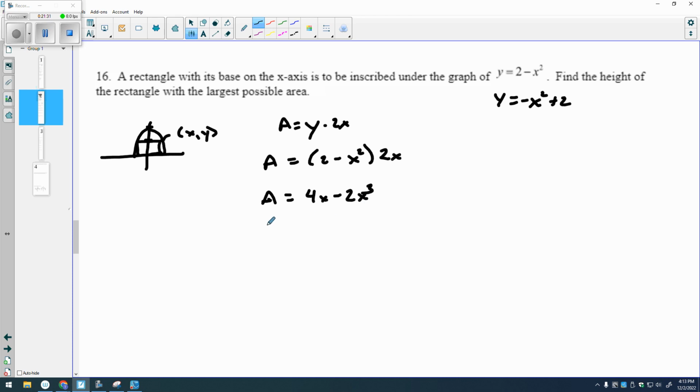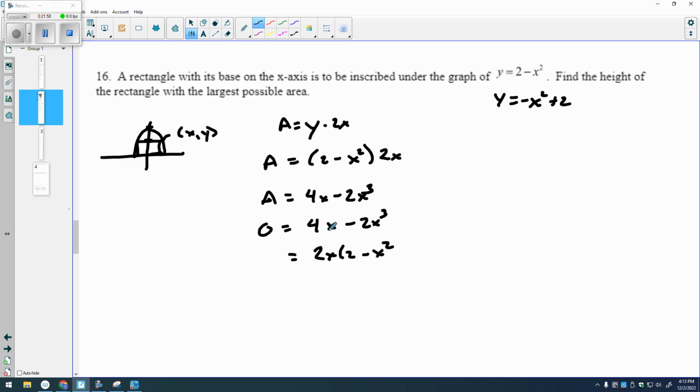And then I'm going to set that equal to 0 and solve that. Factor out a 2x, and I get a 2 minus x squared.